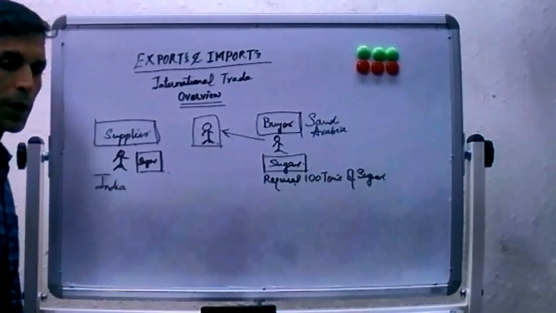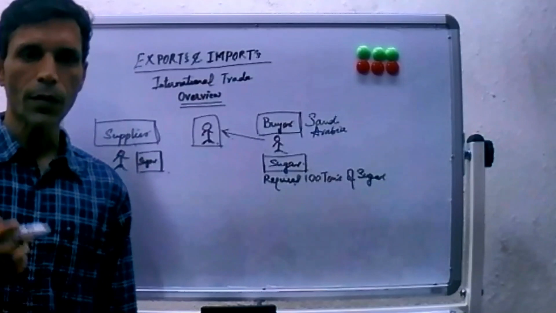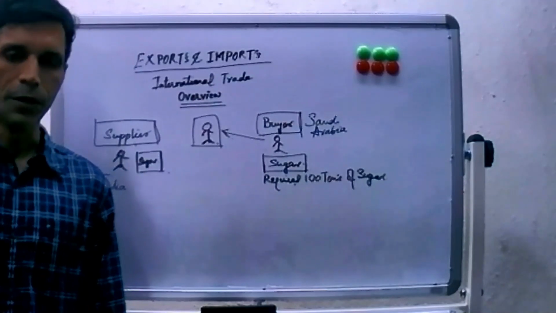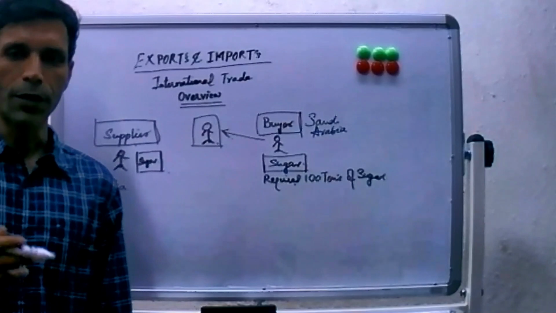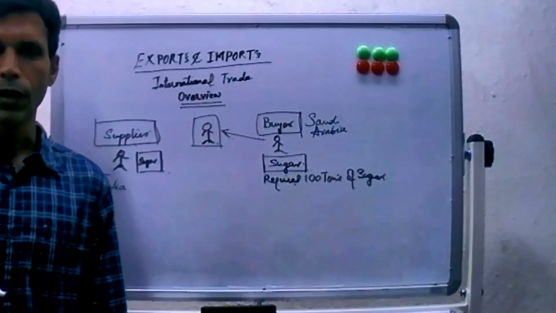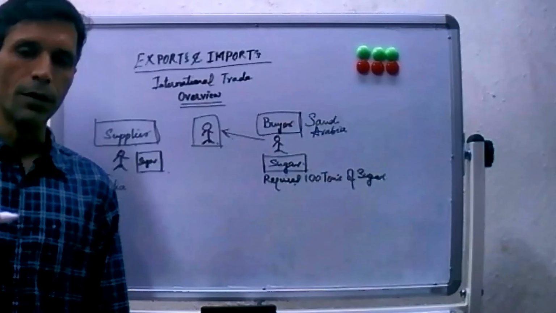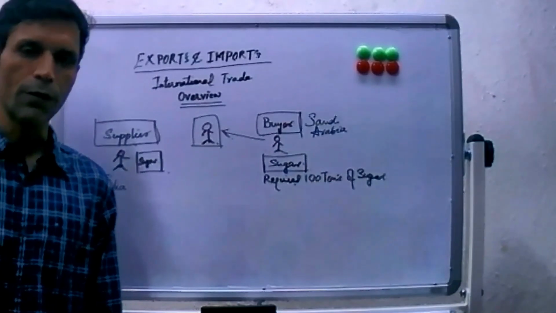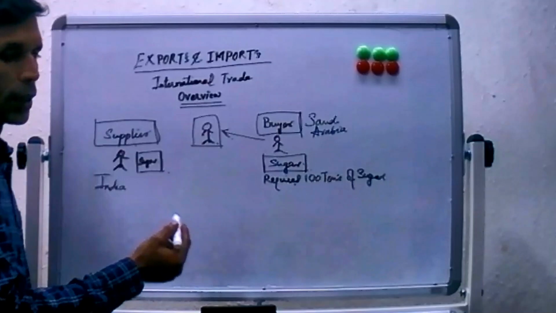As per international trade, a primary agent, intermediary or trader can operate if you have an export import license. I will go into that in the next part, but right now, let us see how the deal happens.